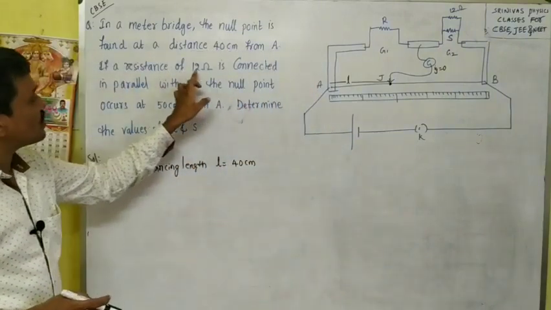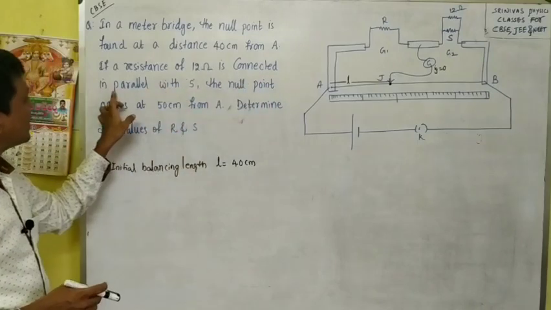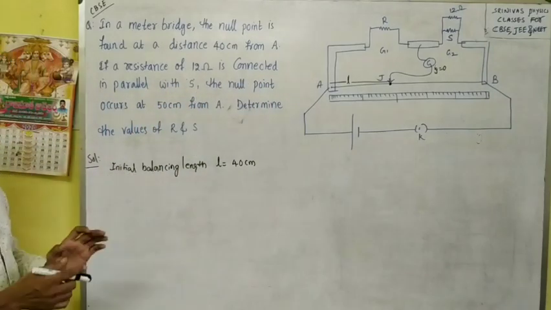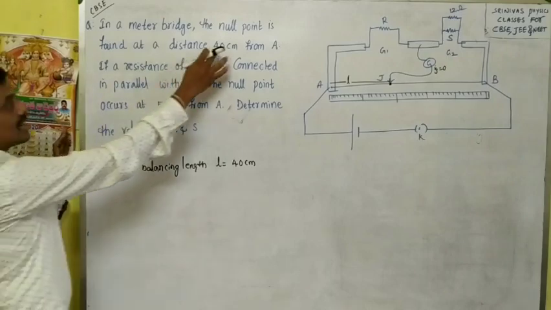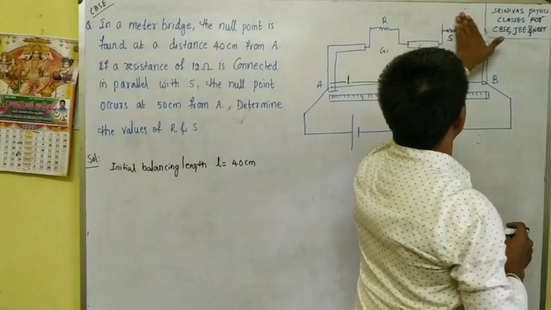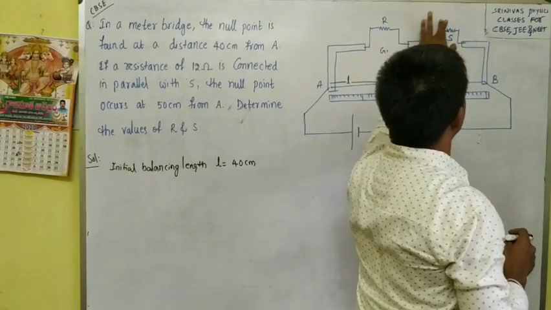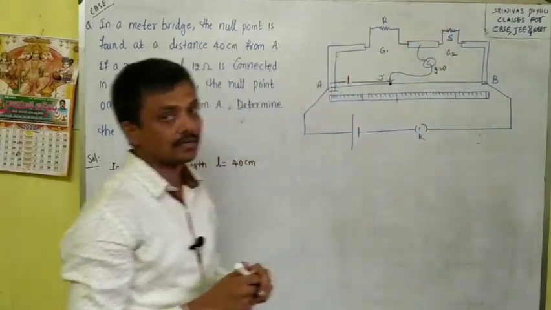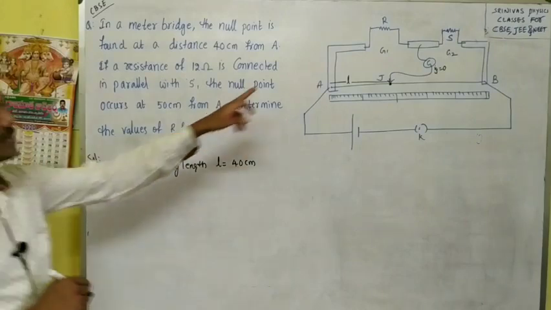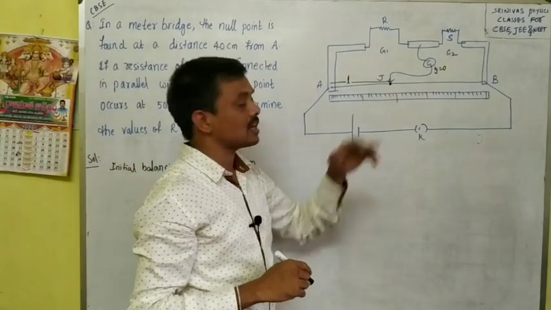If a resistance of 12 ohm is connected in parallel to S, now what we are doing: at the start, balancing length they gave 40 centimeters. At the start there are only two resistors, one side R and the other side S. This is R and this is S. Now the balancing length is obtained at 40 centimeters.